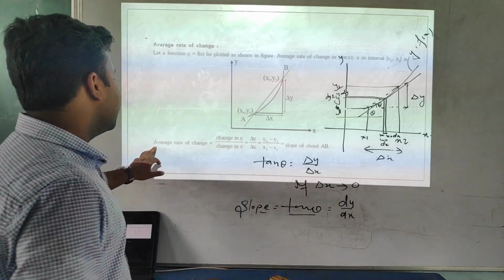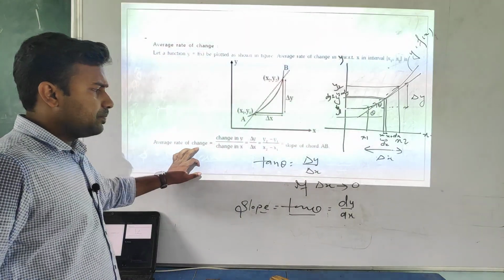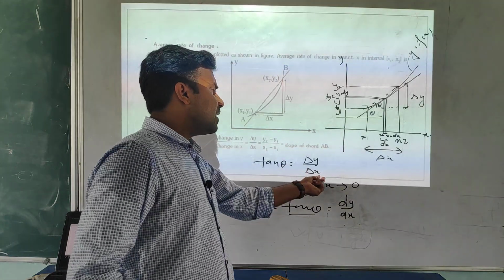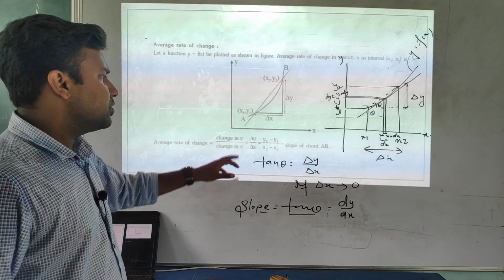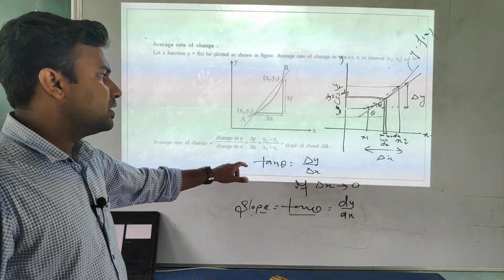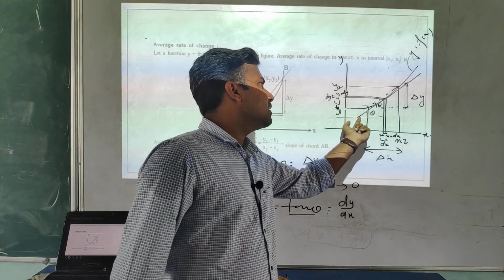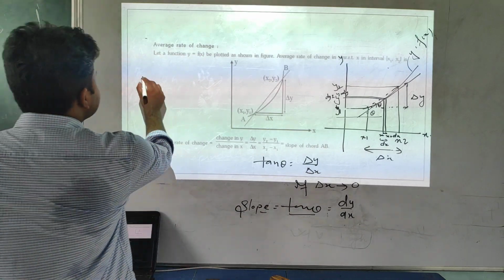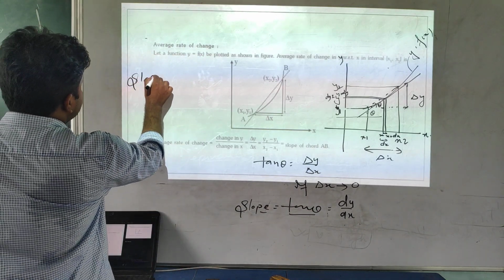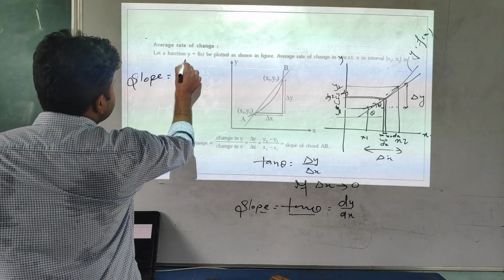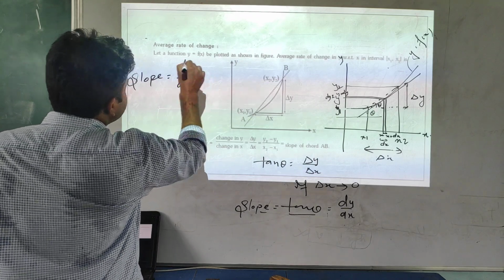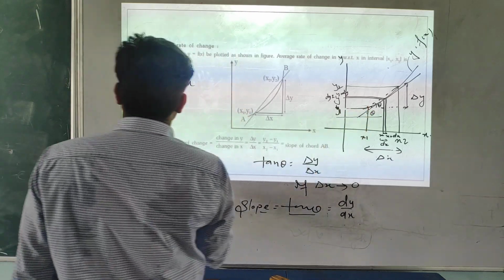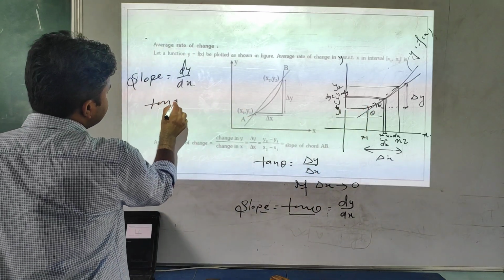By the way, it's written here average rate of change. Look at this, this is what, x is changing, and with respect to x, y is also changing. So what you can write, delta y by delta x, and it's actually slope of this line. So now onwards, if you want to find slope, what you can write, dy by dx, or also you can write, if you will get this angle theta, so what you can write, tan theta.